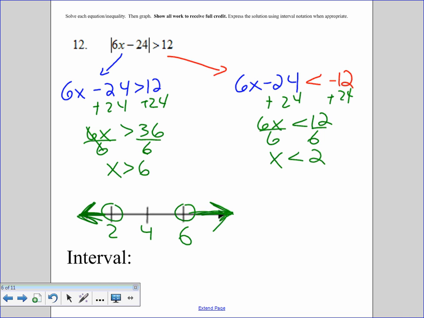So the interval is, and this is the one that we didn't go over in the review, so hopefully you're watching this, negative infinity to 2 and 6 to infinity. And it's the union of those two.